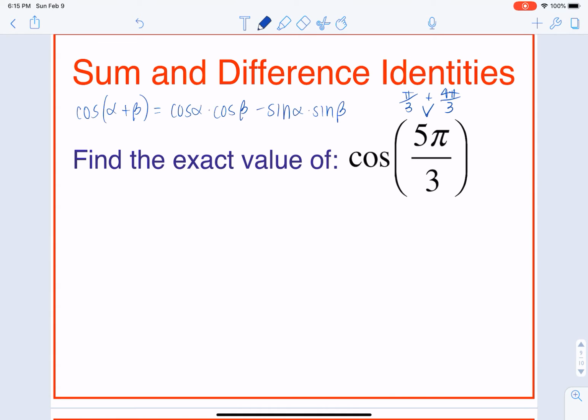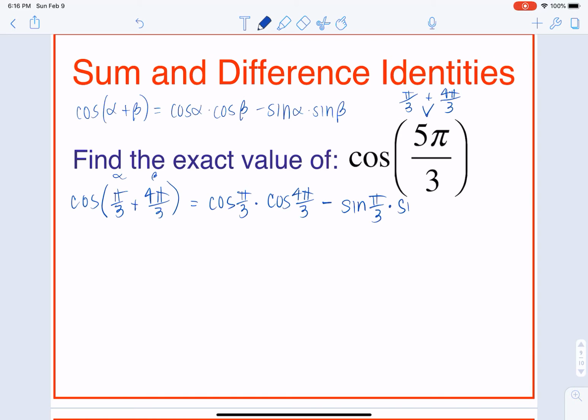So again, I'm going to write the same exact thing here. I have cosine of pi over 3 plus 4 pi over 3, and this is my alpha and this is my beta. So here I have cosine of pi over 3 times cosine of 4 pi over 3 minus sine of pi over 3 times sine of 4 pi over 3.